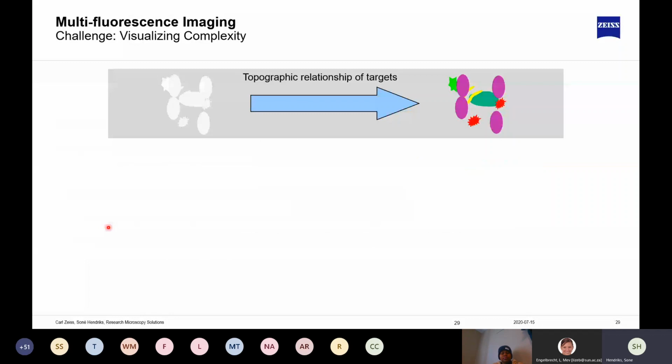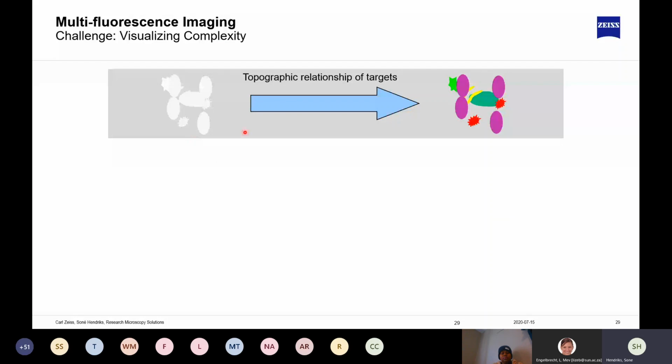Without going into too much detail, just touching on this, multi-fluorescence imaging gives a very big visualization complexity. The biggest advantage is that typically we are looking at biological material with no or very limited contrast by nature.